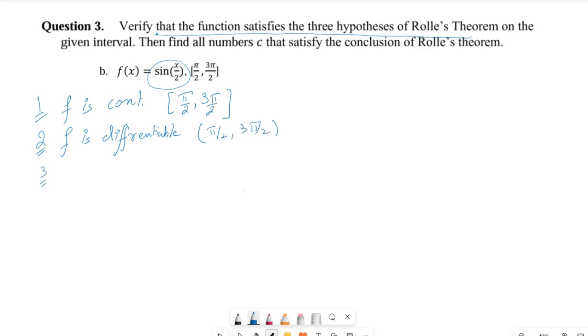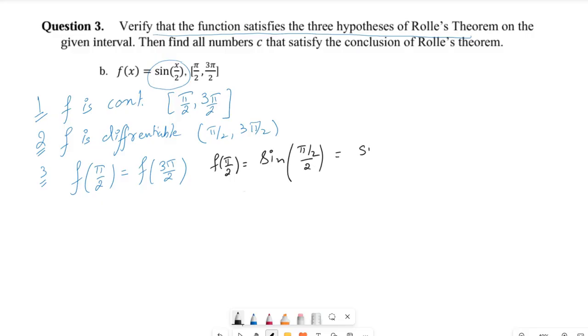The last condition is that f at the end points has the same value. Let's check that out. How are we going to check that out? We're going to find f of pi/2 first, which is sine of (pi/2)/2, which is going to be sine of pi/4. What is that? Root 2 by 2.